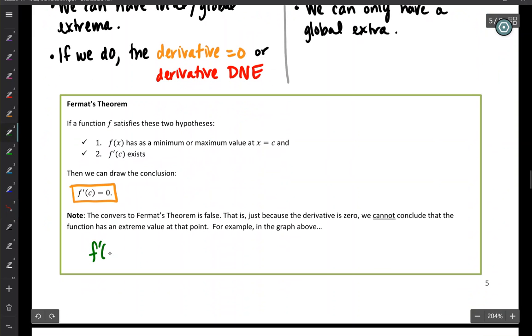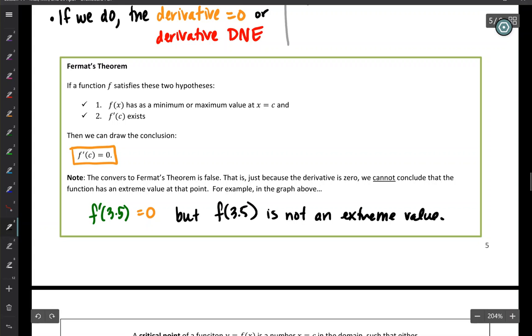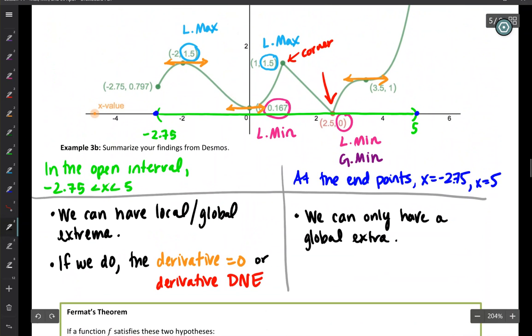So f prime of 3.5, yeah. Okay, so now these places in the domain where we could have maxes or mins are called critical points or critical values, or sometimes they're called critical numbers.